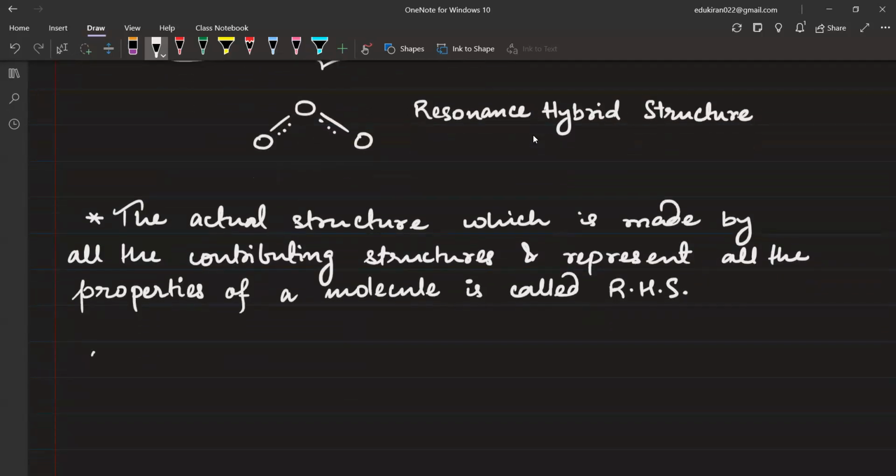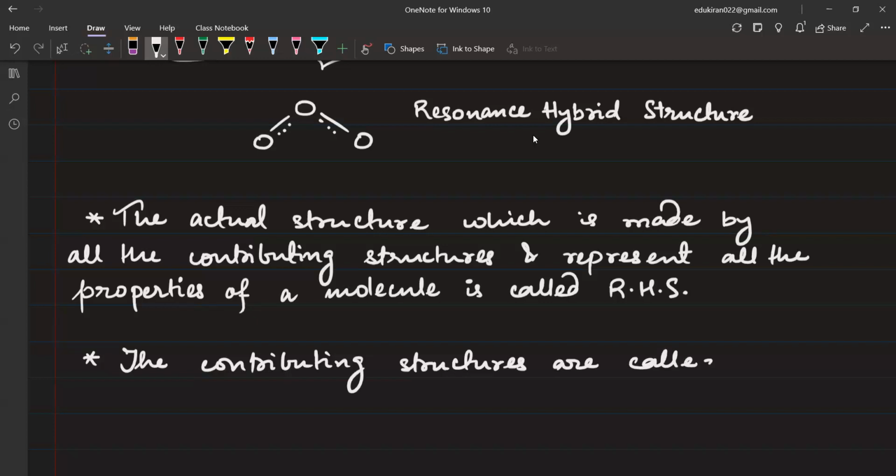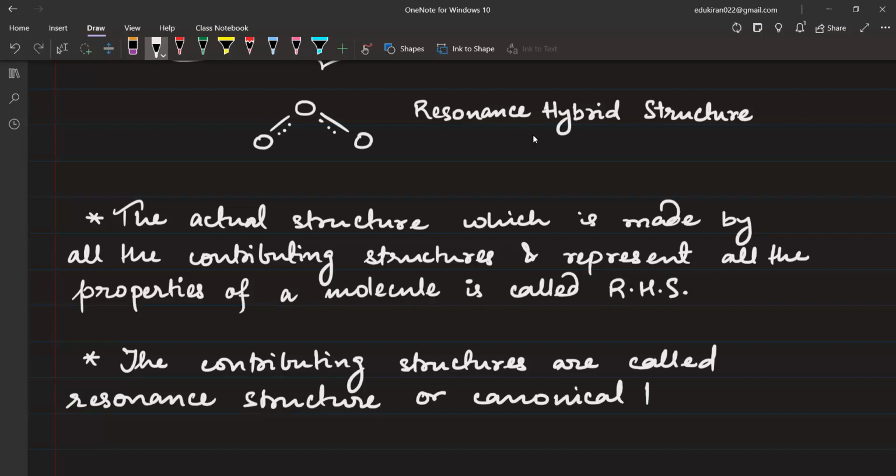The contributing structures are called resonating structures or canonical structures.